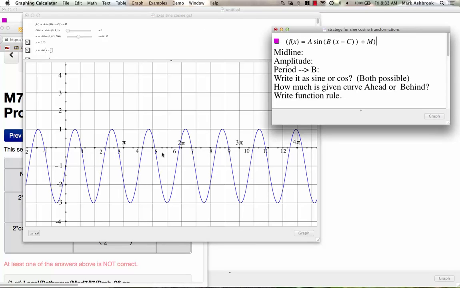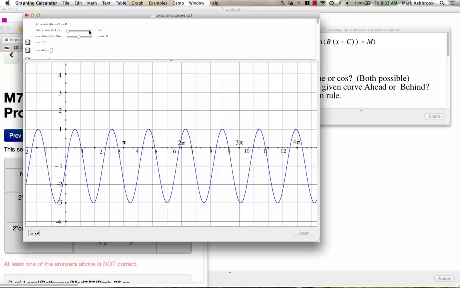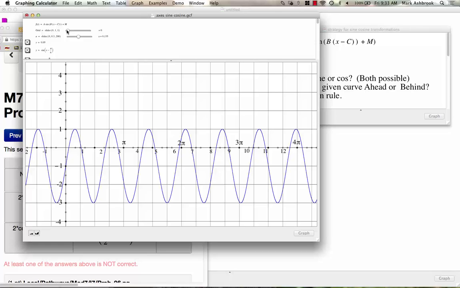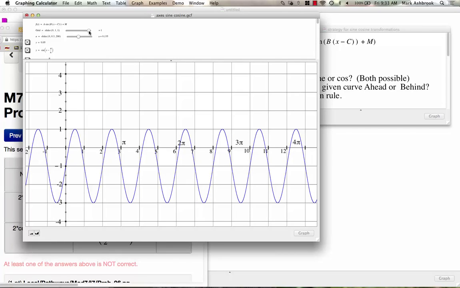The grid lines are pi over 2, pi, 3 pi over 2, 2 pi. And then this is an integer scale. All these grid lines are on the integers, whole numbers. So the first thing you have to decide when you're working with the period is: is it based on a pi scale, like this, or an integer scale?